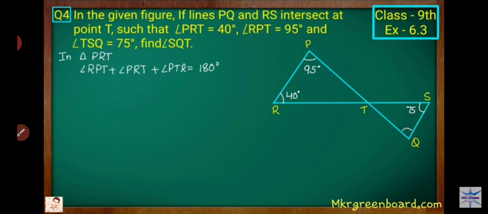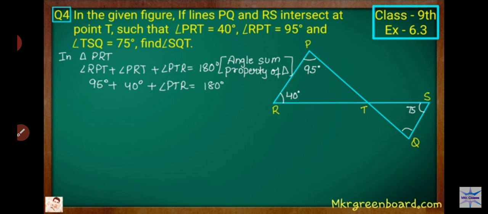Okay, now it's given RPT is equal to 95 degree and PRT is equal to 40 degree. So write down the value of the angles: 95 degree plus 40 degree plus PTR is equal to 180 degree.